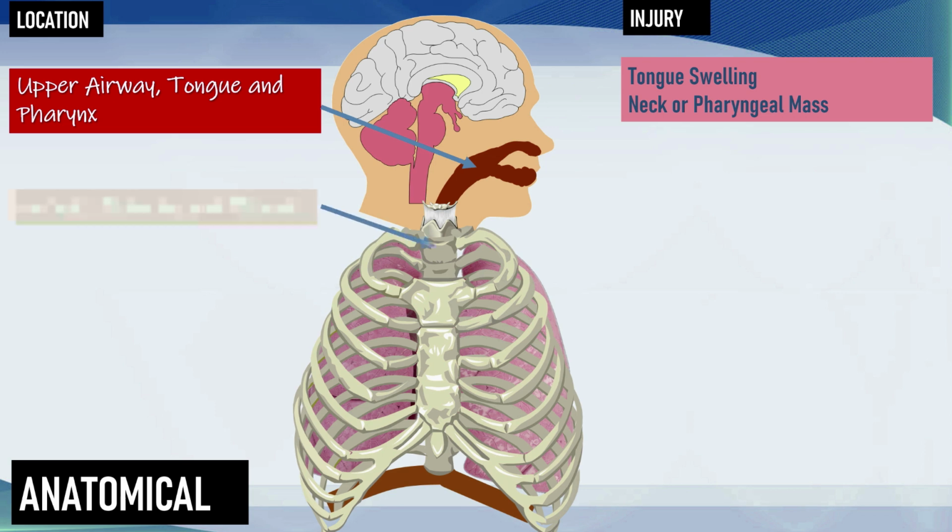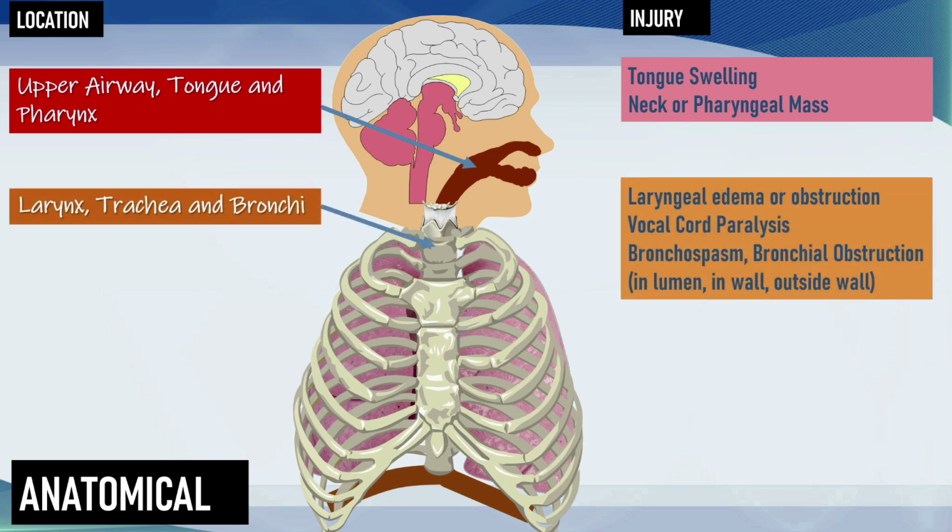Then we move down to the larynx and the trachea and the bronchi. The larynx itself may be damaged and you could have laryngeal edema or laryngeal obstruction with a foreign body. This is what we call choking. Perioperatively, this may occur, for example, if a throat pack has been left in after the patient has been extubated. The vocal cords may be paralyzed, for example, during thyroid surgery.